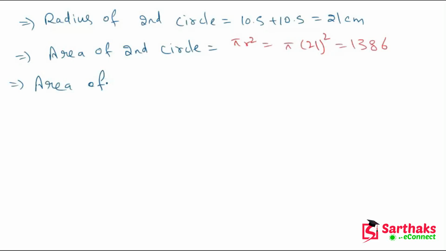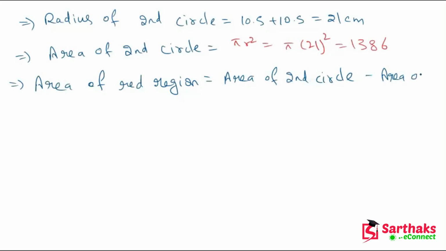So the area of the red region equals the area of the second circle minus the area of gold.